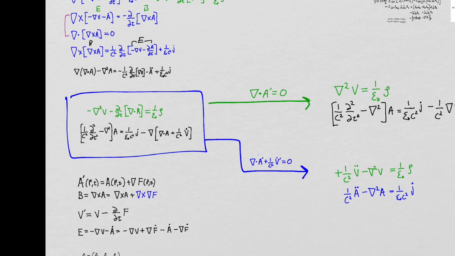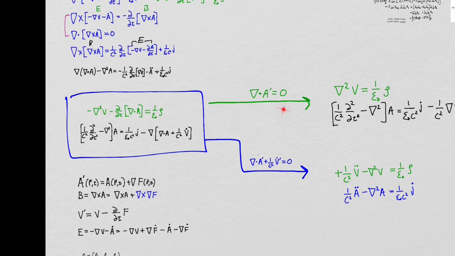So let's have a quick look at the condition where the divergence of the gauge, we'll call it A prime. This is the expressions in terms of A, some vector potential A. This is going to be true, and when we solve these equations, if we literally solve these equations, we would discover that we would need some additional condition to nail down A. We would end up with a partial differential equation, so we would end up with arbitrary functions as constants that we would have to nail down somehow.